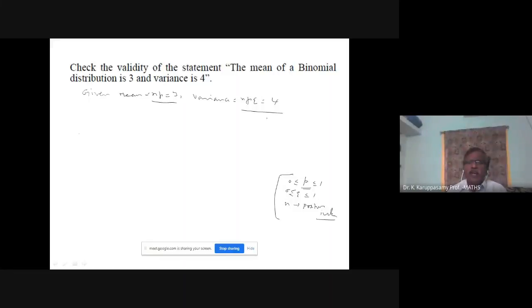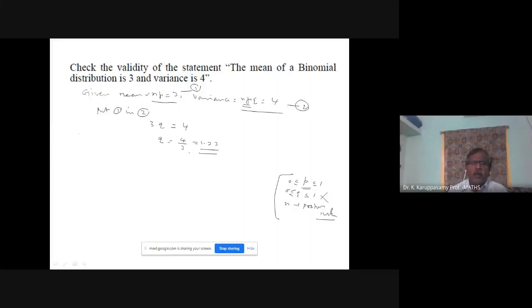Now how to get PQ value from this one? NP equal to 3, this is my equation number 1, and NPQ equal to 4 is equation number 2. You substitute the first equation in the second, NP value 3. So the second equation becomes 3Q is equal to 4, Q equal to 4 by 3, which is 1.33. So 1.33 is not possible. P value, Q value always lies between 0 and 1.